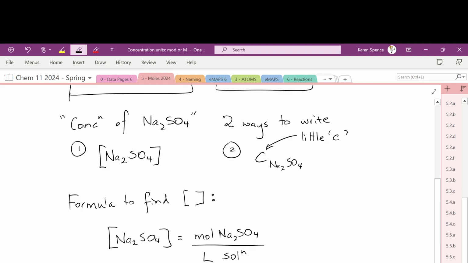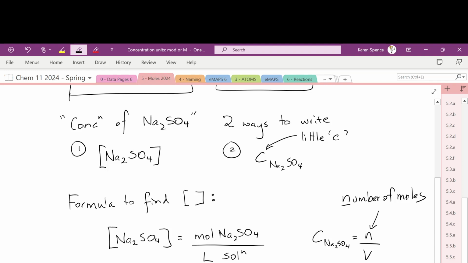And what's the other way we could write the formula? C is equal to N over V. What does N stand for? Number of moles. What does V stand for?